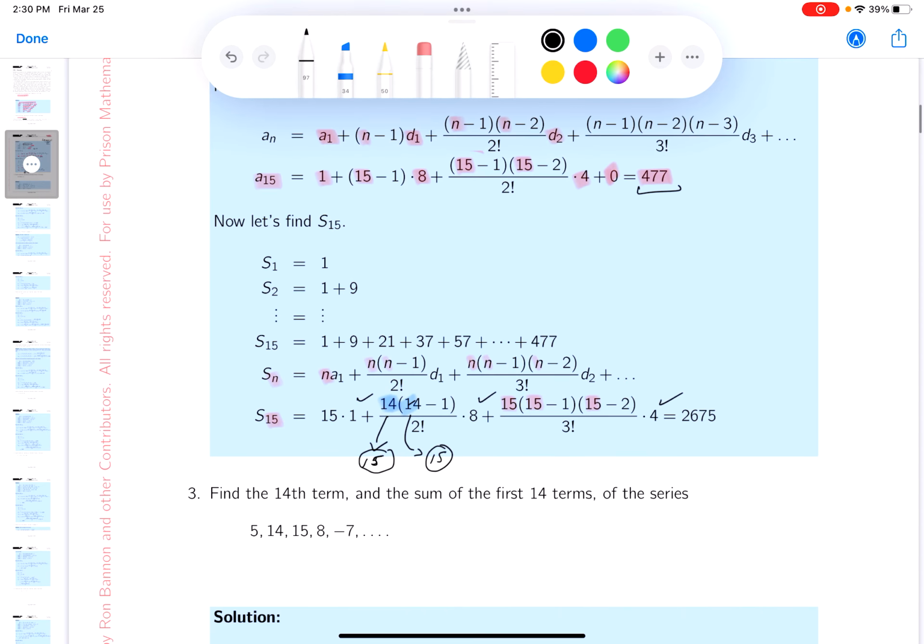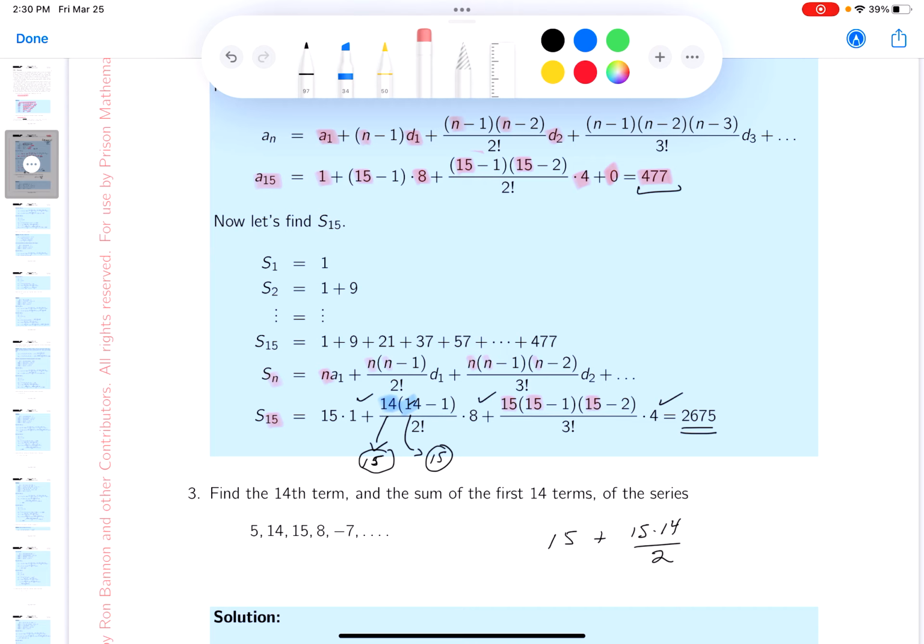I got to check my work now. I'm wondering, is this a correct answer now? But let's write this down. First term is 15. The next term is 15 times 14 over 2. I'll do that a little bit later. The next term is going to be 8. Wait a second. I'm sorry. I copied wrong again. A little dizzy there.